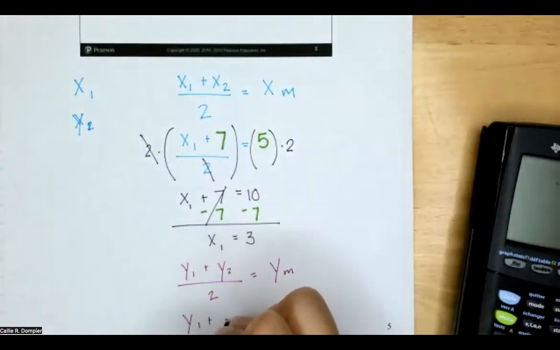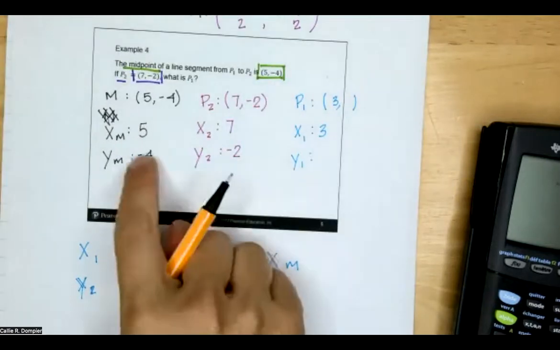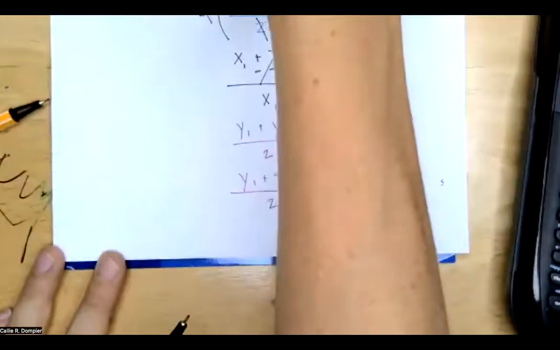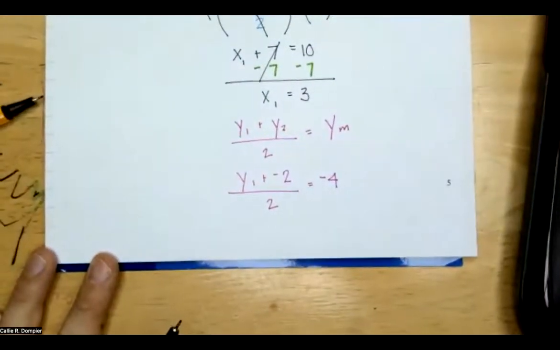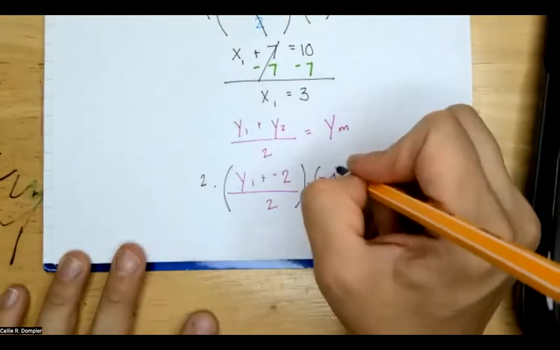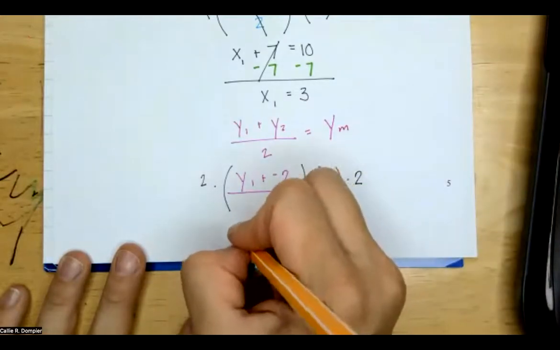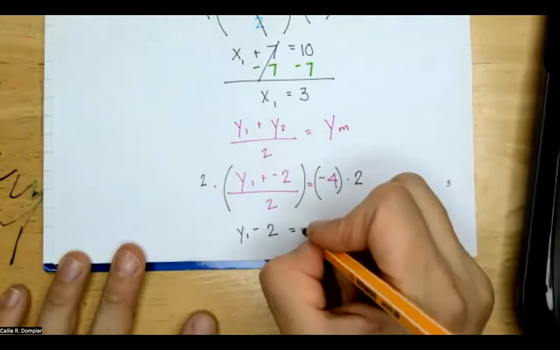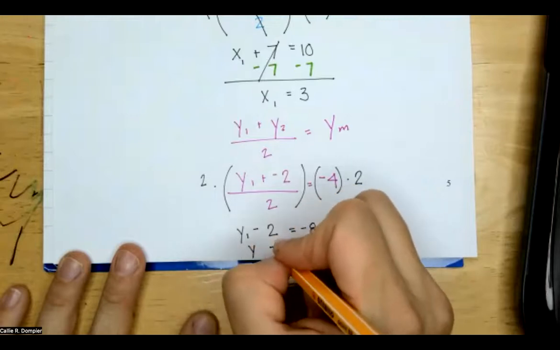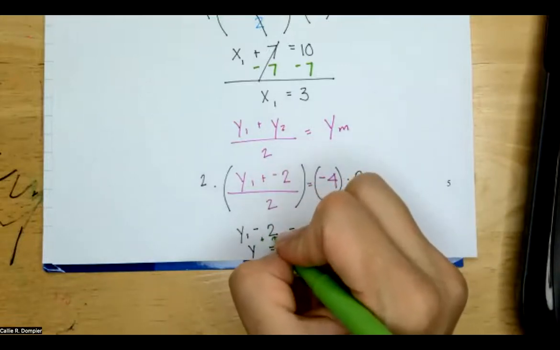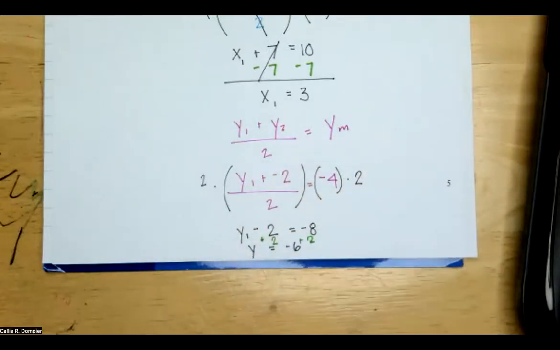So y1 plus negative 2 over 2 gives me the y of my midpoint, which was negative 4. I don't have much space, but I think I can solve it. Again, multiply both sides by 2. That leaves me with y1 minus 2 equals negative 4 times 2, which is negative 8. Because I'm going to add 2, y is negative 6. So my y is negative 6.